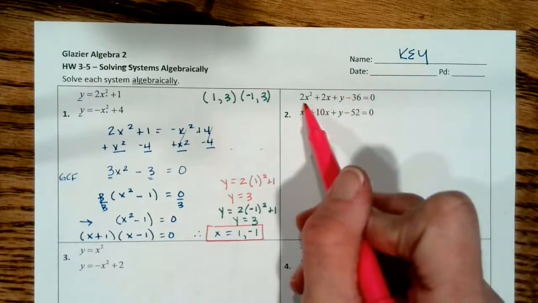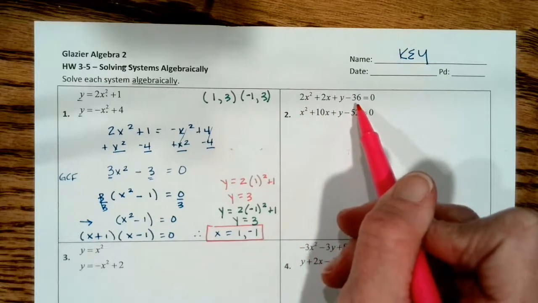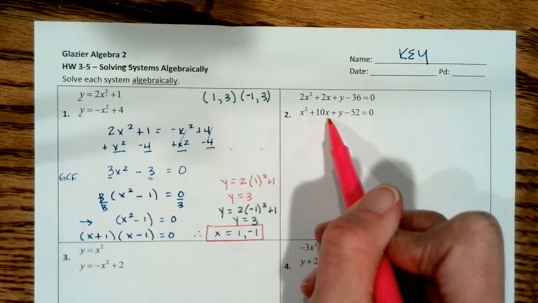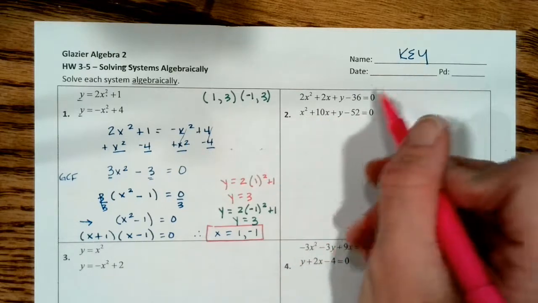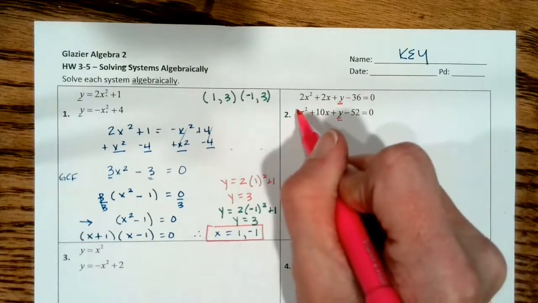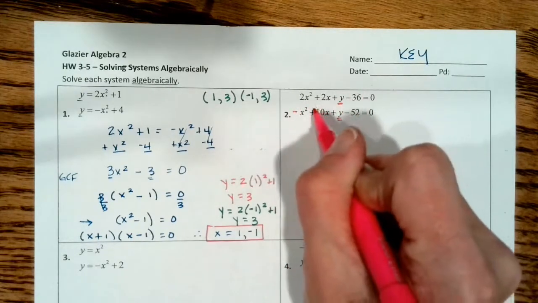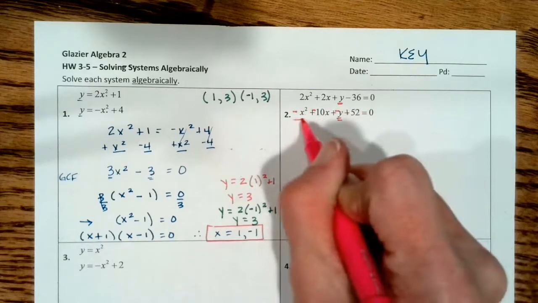I have 2x squared plus 2x plus y minus 36, x squared plus 10x plus y minus 52. I can go ahead and eliminate the y. I'm going to make this equation negative by multiplying each side by negative 1.